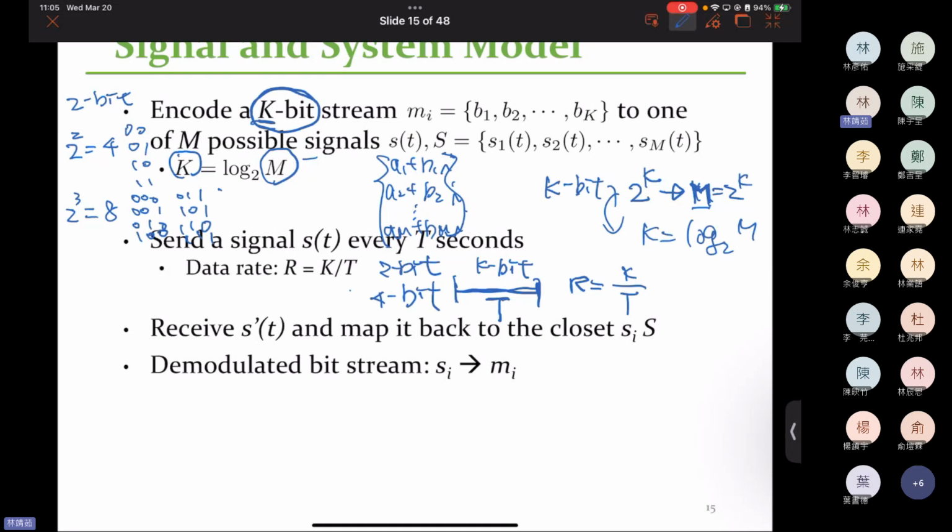Of course, 4, right? So one is 2 over t, the other is 4 over t. So of course, this one has a higher data rate. But you might ask, if this one gives me the higher data rate, why don't we just use the right-hand side solution? Why should we use the left-hand side? Anybody knows the answer?